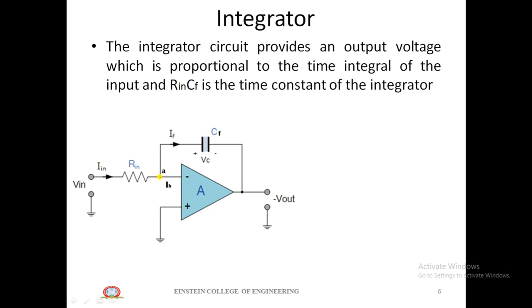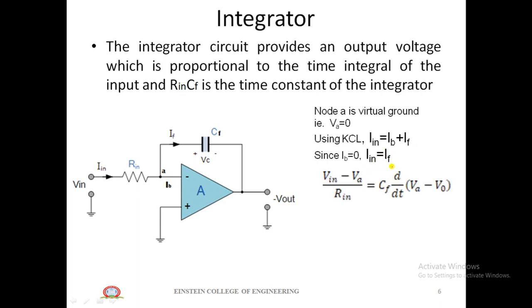So the voltage at this point will be 0 and the current flowing into the operational amplifier is 0. So at node A, the voltage is 0. Using Kirchhoff's current law, input current is equal to I_B plus I_F. I_B is 0, then the equation becomes I_in is equal to I_F.